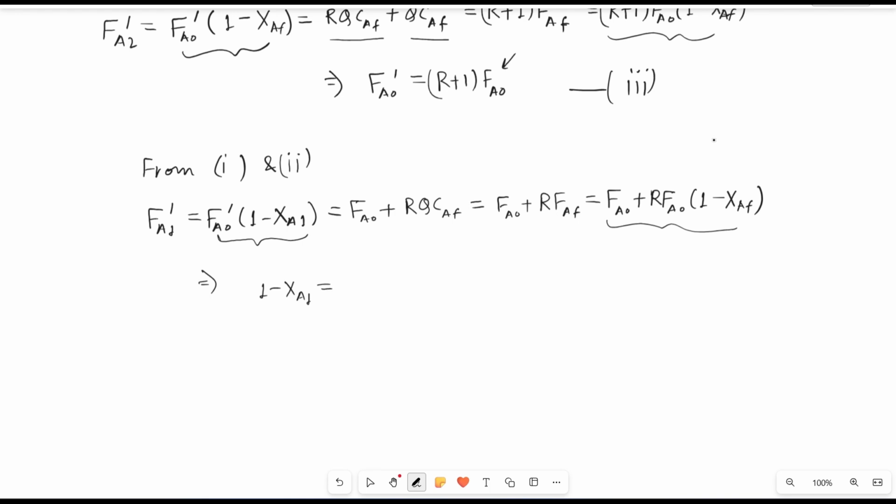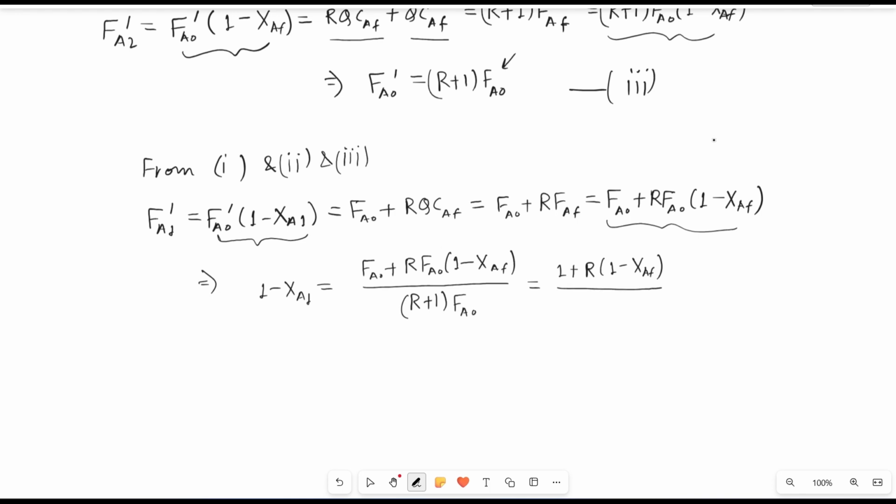So FA naught plus R FA naught (1 minus XAF), divided by FA naught prime, using equations 1, 2 and again 3. In this expression FA naught prime is (R plus 1) FA naught. Now FA naught gets cancelled: (1 plus R (1 minus XAF)) divided by R plus 1.